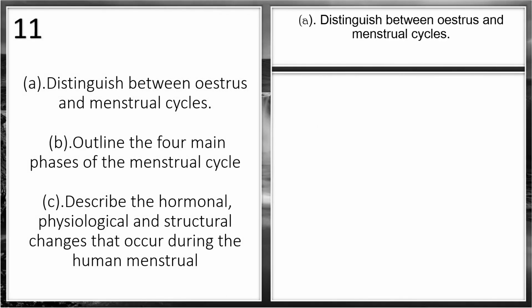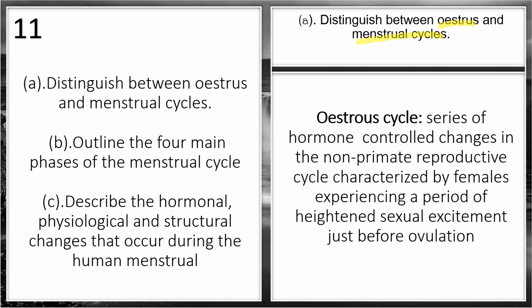Part A. Distinguish between oestrus and menstrual cycle. Oestrus cycle: these are a series of hormone-controlled changes in the non-primate reproductive cycle, characterized by the female experiencing a period of heightened sexual excitement just before ovulation.